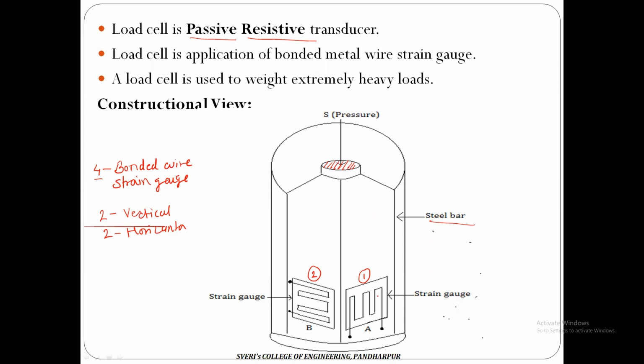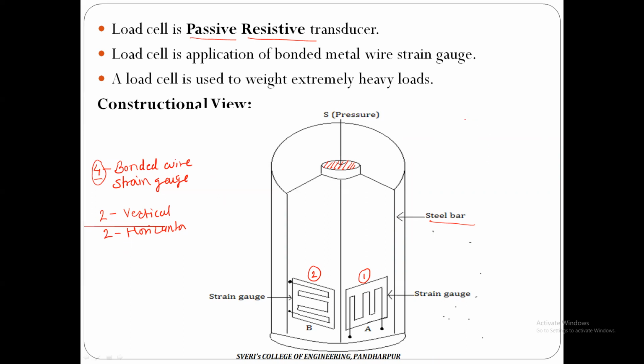According to the applied force or weight on the diaphragm, these 4 bonded wire strain gauges will experience either compression or extension, and accordingly their resistance is going to change.